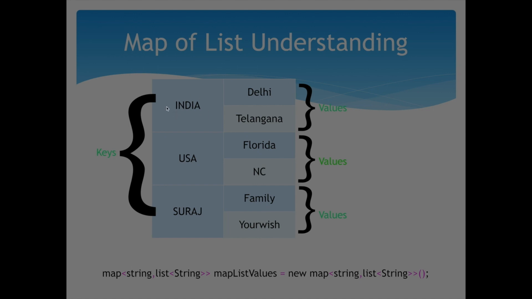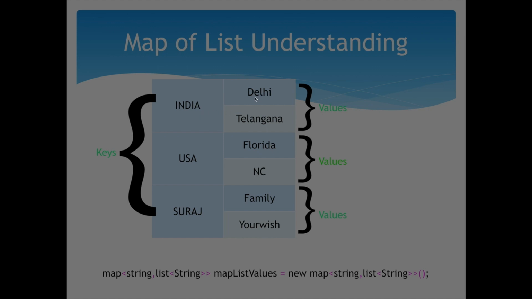Which means for this India key, when I give this particular key India, I'm going to get two values. Similarly, for each and every key in my example, I'm going to have two values. It's a group of values. You can have as many values as you want.